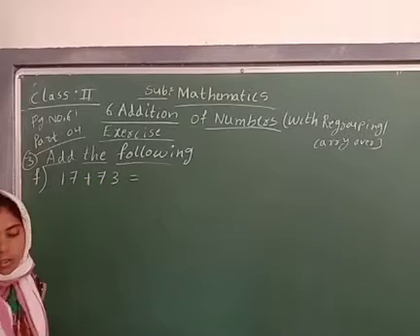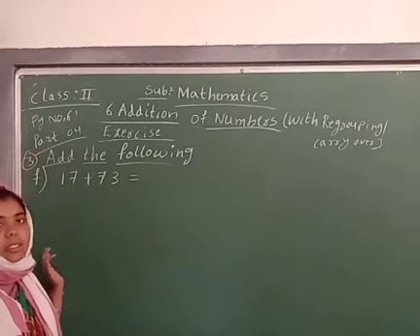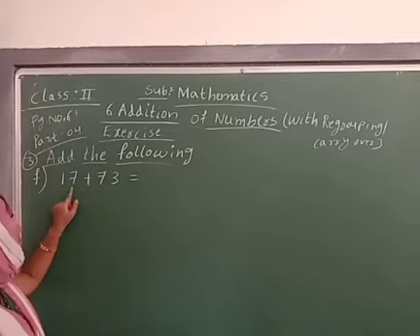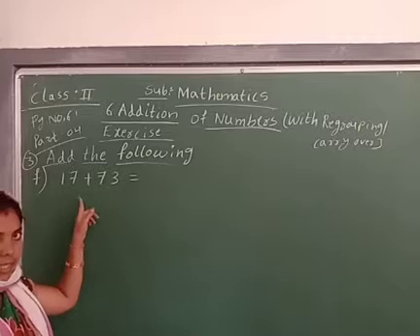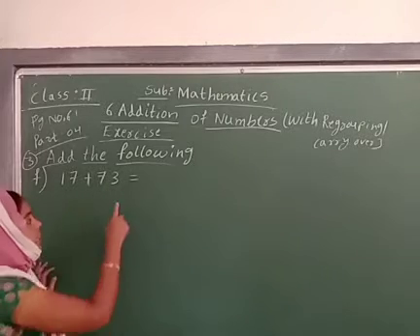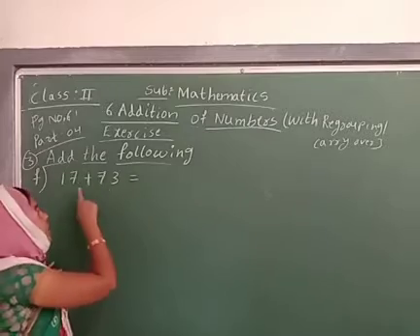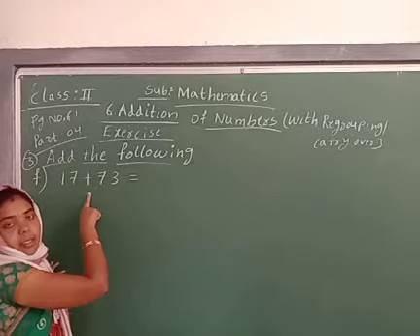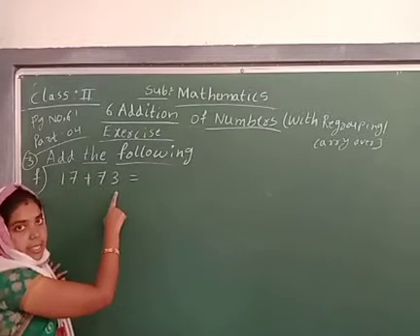When we are adding, first of all what do we check? First of all, read the numbers. What is this number, children? 7 in 1's place, 1 in 10's place. So the number is 17. This one has 3 in 1's place, 7 in 10's place: 73. 17 plus 73. What is this symbol? Addition symbol. So, 17 plus 73.